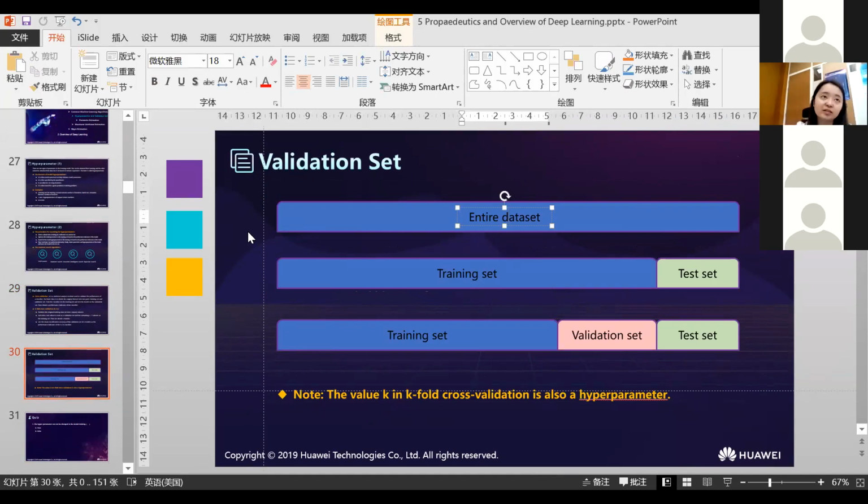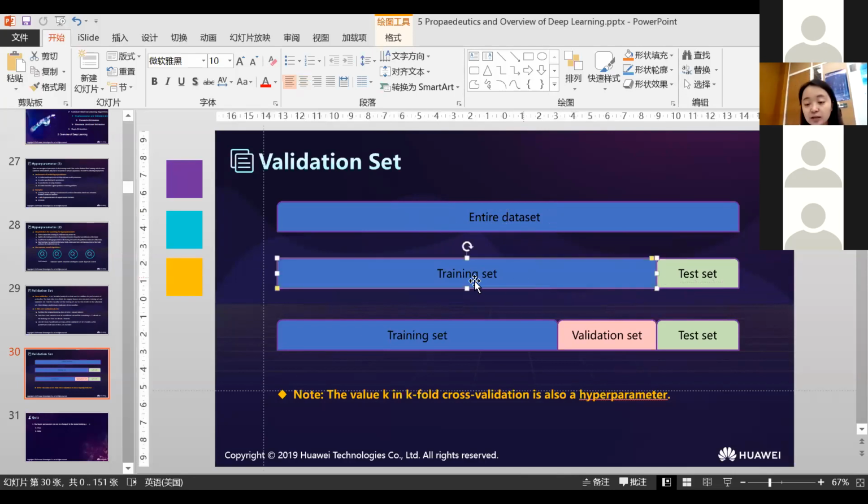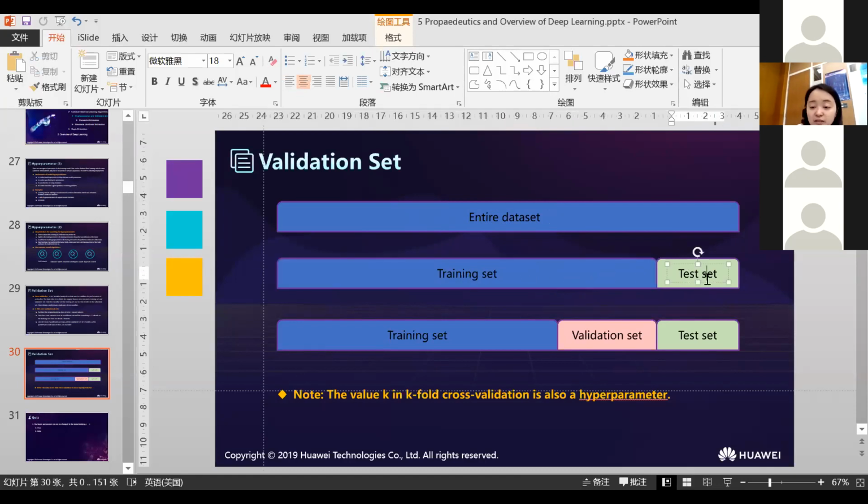We collect a lot of samples, and we do data cleaning, feature extraction and feature selection. These are all cleaned, structured samples. We can divide these entire samples into two parts. The first is the training part, and the second is the test part.